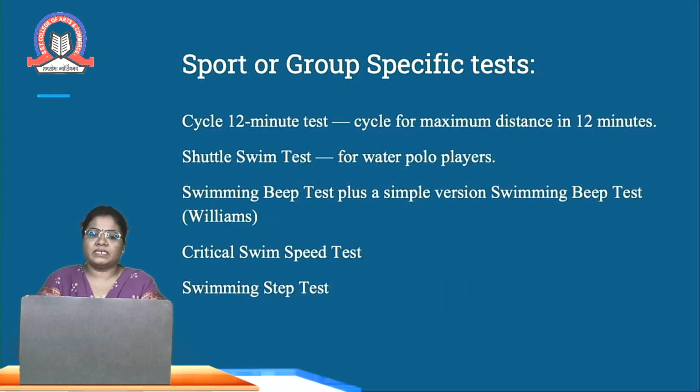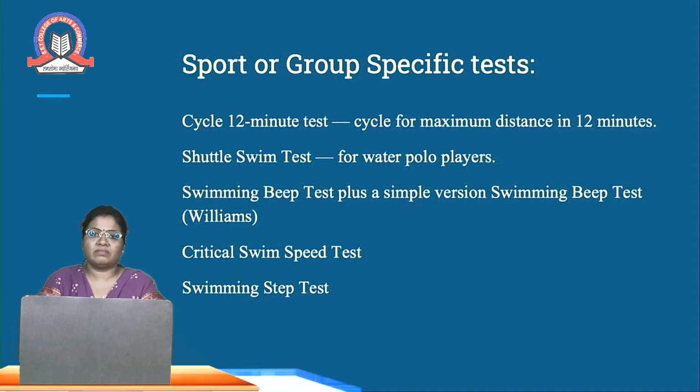Cycle 12-minute test: cycle for maximum distance in 12 minutes, and see how much they cover. According to that, the fitness can be calculated. Shuttle swim test for water polo players. Swimming beep test plus a simple version of the swimming beep test, which was discovered by Williams.